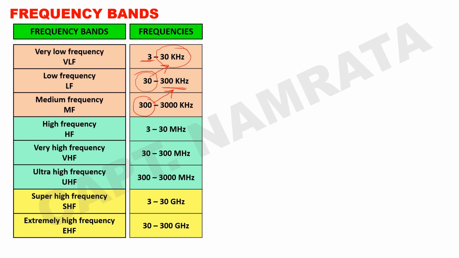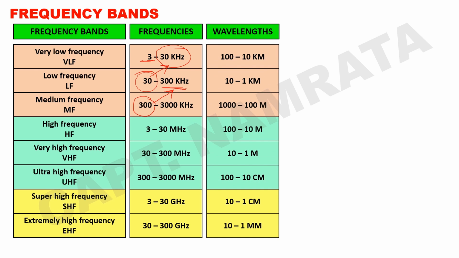From top to bottom of the chart, we can say that frequencies are increasing. If frequency increases, wavelengths will decrease. So the VLF, that is the very first band, will give us the longer wavelength, which is 100 to 10 kilometers. For the next band, the wavelength will start from the upper limit of the previous band. That means it will start at 10 km and end at 1 km.